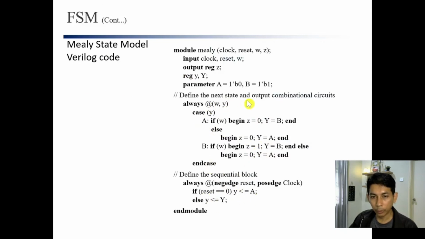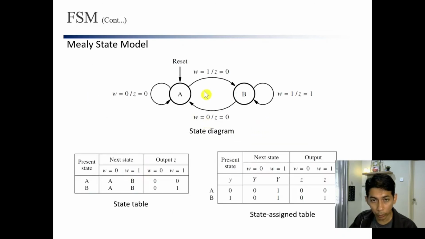And now we want to describe the next state logic and also the signal Z. So when we are in state A, we use case y, so small y equal to 0 or A. If w equal to 1, z should be equal to 0, and the next state will be b.